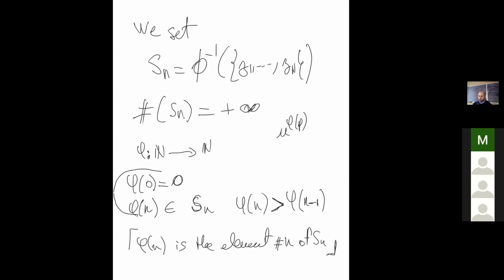So the point is what? Why am I doing that? Just forget this definition for a little bit. Now assume that P and Q belong to Sn.